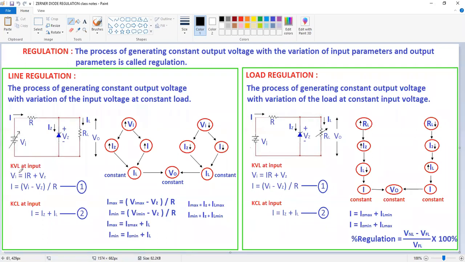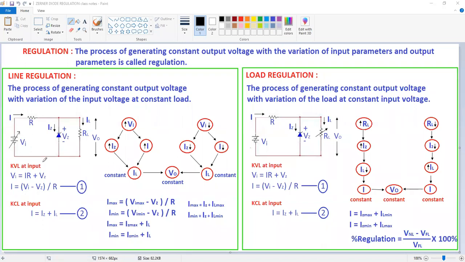That means VI is equal to the voltage drop across the resistor, given by V equals I into R, plus the voltage drop across the Zener diode, Vz. That's why VI is equal to IR plus Vz. From this equation, I is equal to (VI minus Vz) by R.